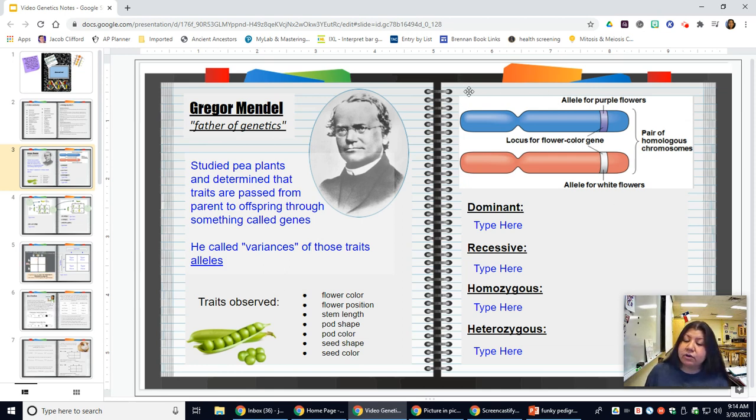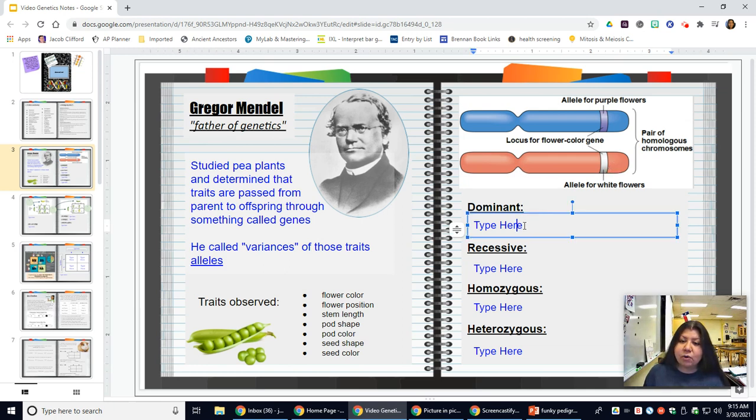Okay, so if I look right here on a chromosome, I can see I have 2 chromosomes here. I have a blue chromosome and a red chromosome. So the blue chromosome has an allele for purple flowers. Okay, so purple flowers is dominant, and so that is the dominant allele. White flowers is recessive. So this red chromosome has an allele for white flowers.